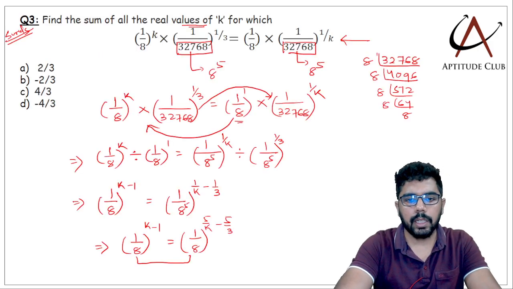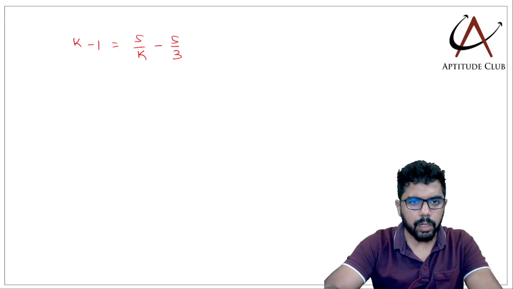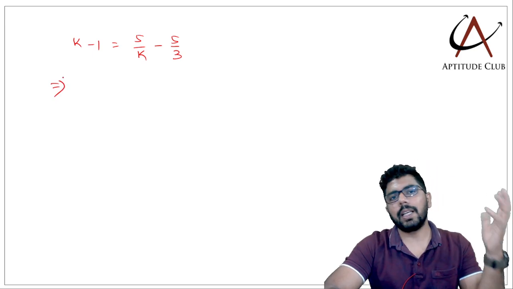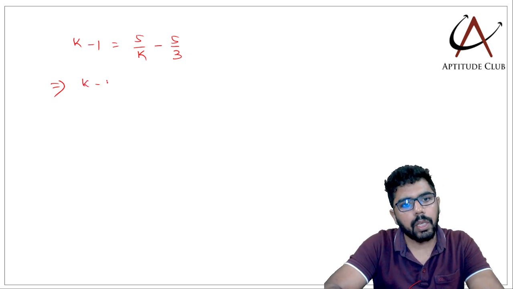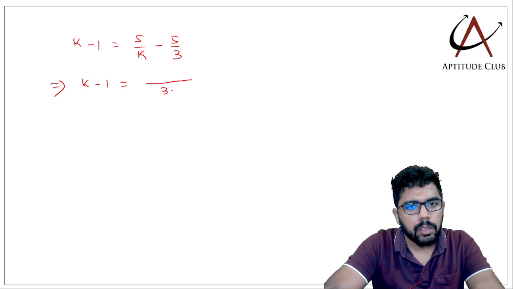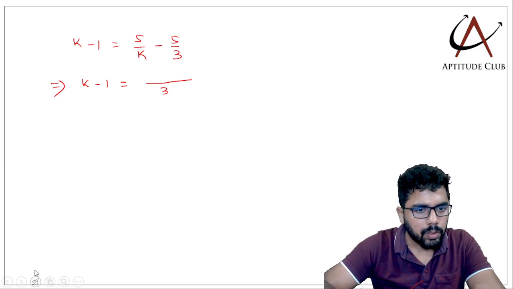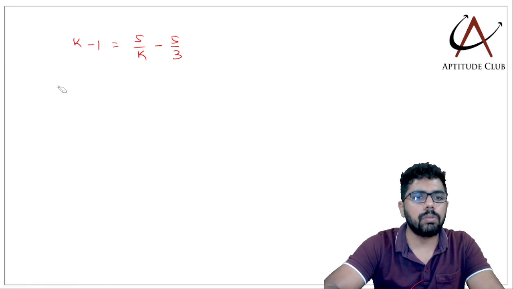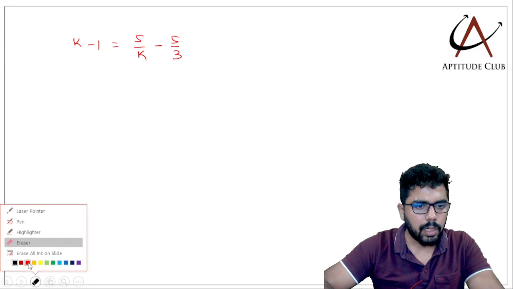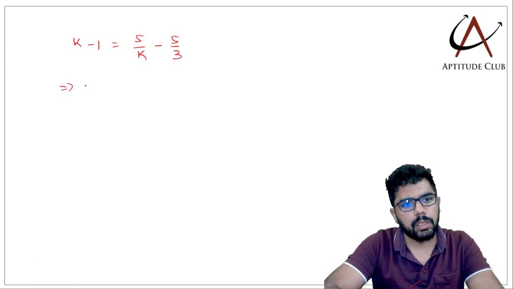I get an equation like this. So it is going towards quadratic now, because on one side k is in the numerator and on the other side it is in the denominator. Let me do it this way, let's take k to one side and the constants to another side. After this is easy now, nothing difficult after this.